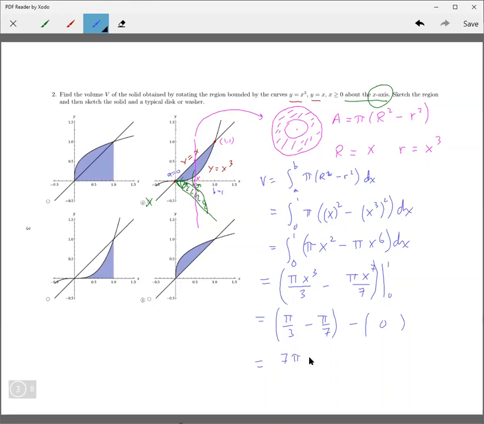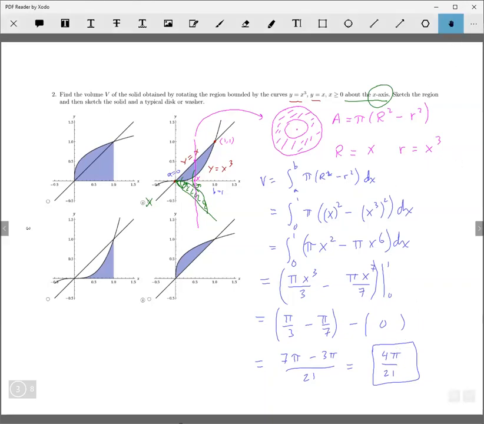So that's 7 pi minus 3 pi over 21, since 3 times 7 is 21. So 4 pi over 21 would be the answer. Okay, great. So let's move on to the next one.